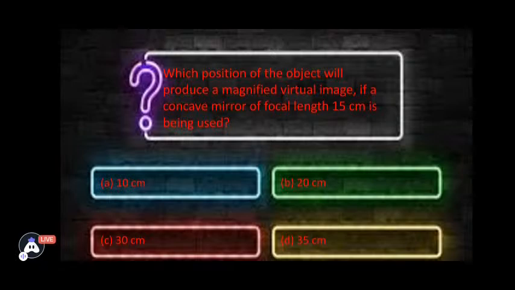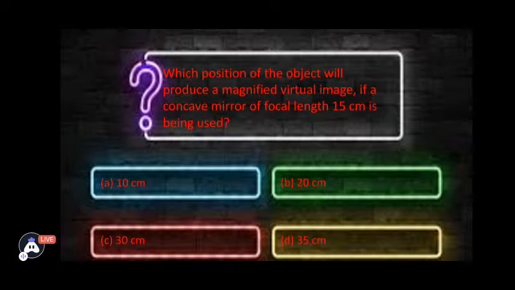You need to tell where the object must be so that it produces a magnified and virtual image. Think about it. Hurry up. Okay. Some say it's 10 centimeter. Let's see.